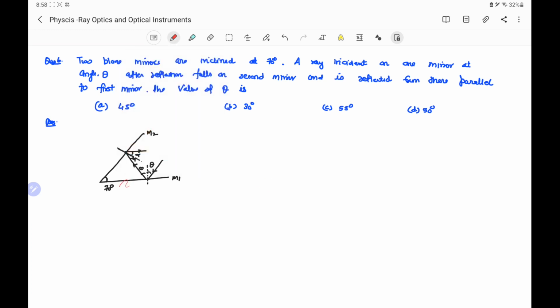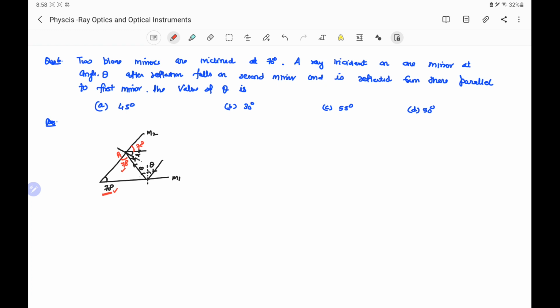Now from the figure we can see that the inclination angle between the mirrors is 70 degree, so the alternate angle will be 70 degree, and at point A the remaining angle by symmetry is also 70 degree. In a triangle these 70 and 70 make 140 degree.